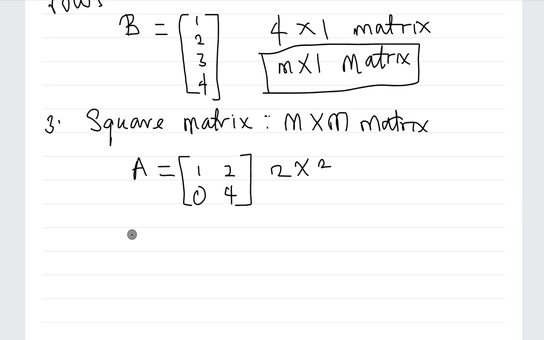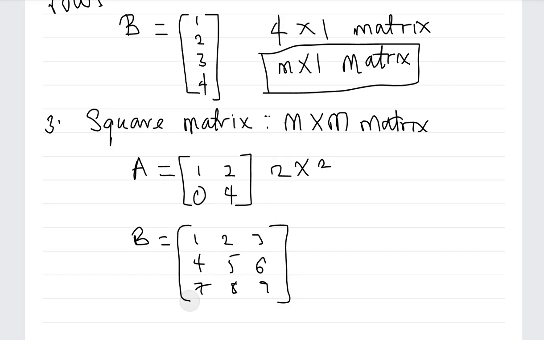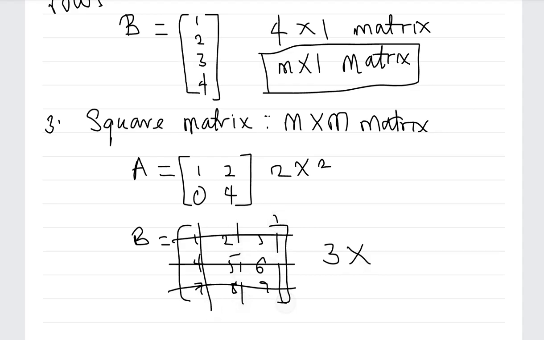Now look at this. Let's say I have matrix B equal to 1, 2, 3, 4, 5, 6, 7, 8, and 9. Look at this matrix. What type of matrix is this? It has row 1, row 2, row 3, by column 1, column 2, column 3.